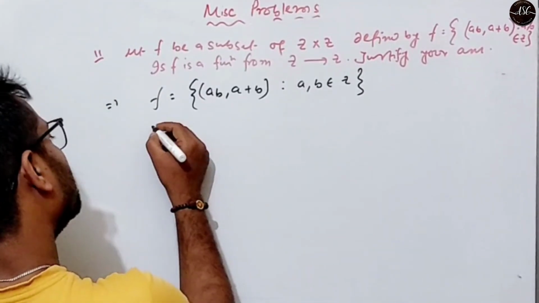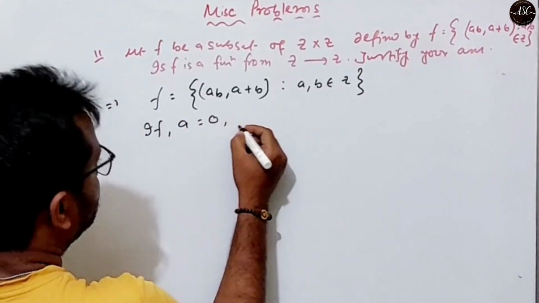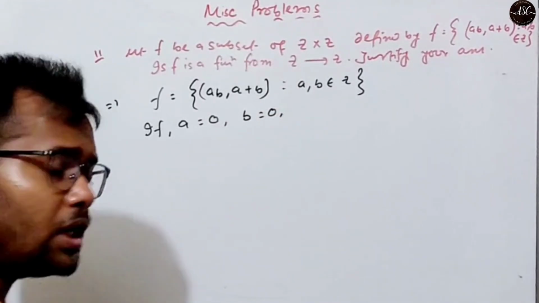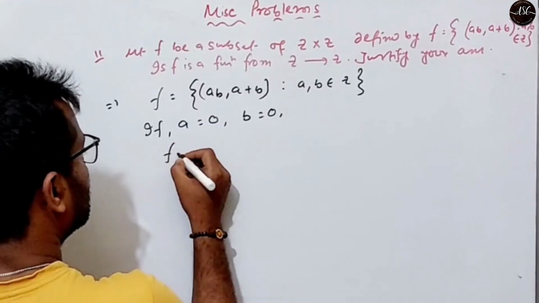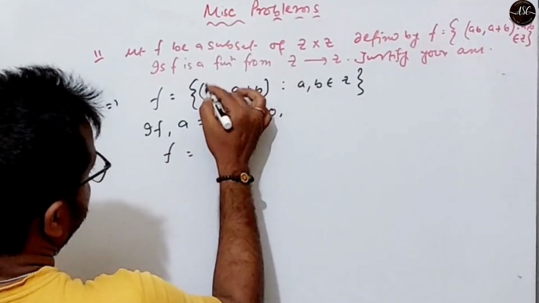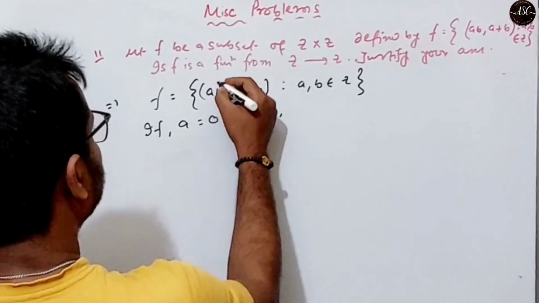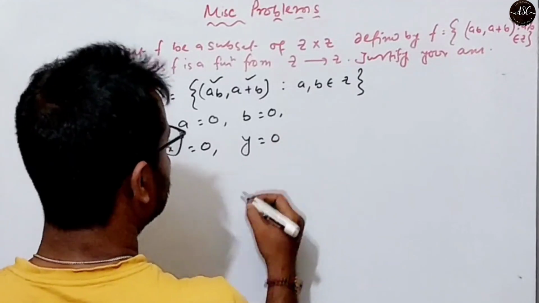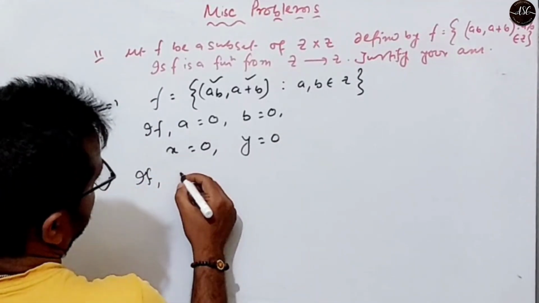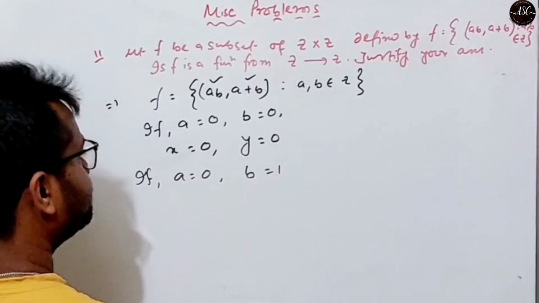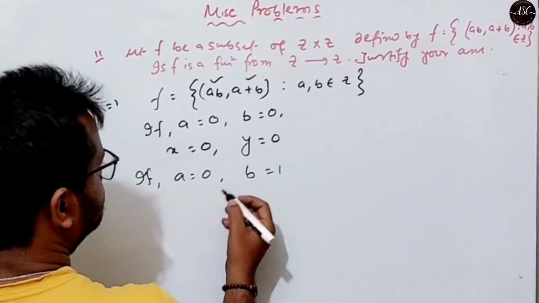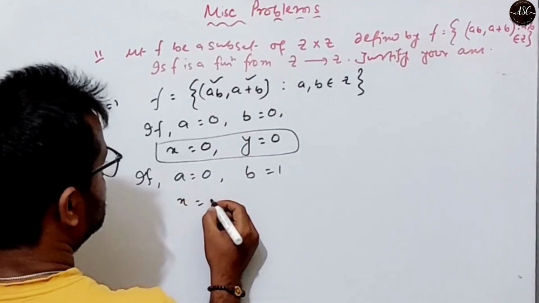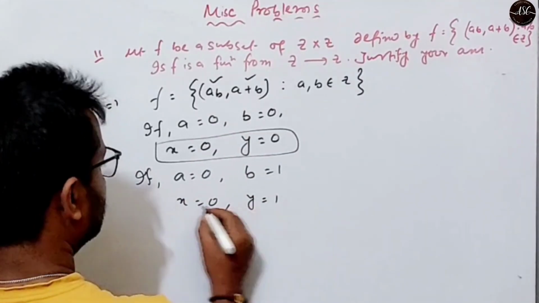Now put a equal to 0, b equal to 0. We get, this is the x, this is the y, then x equal to 0 and y equal to 0. If a equal to 0, b equal to 1, then x equal to 0 and y equal to 1.